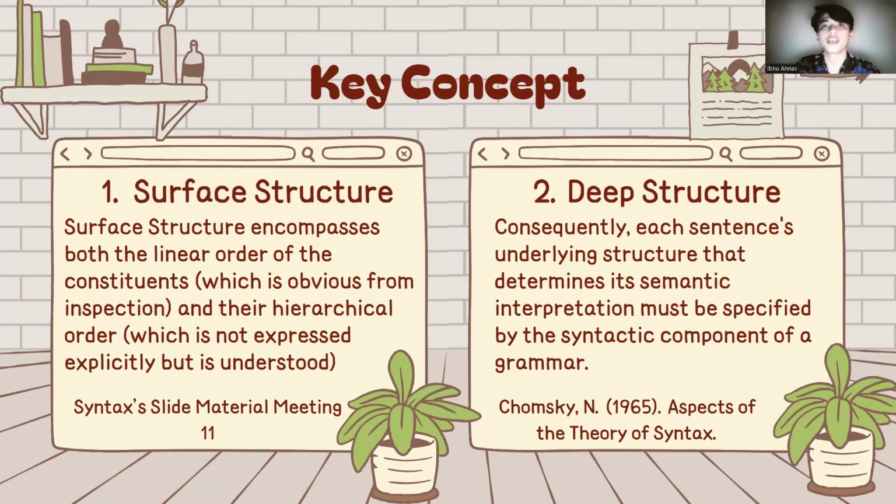Consequently, each sentence has an underlying structure that determines its semantic interpretation, but must be specified by the syntactic component of a grammar. From Noam Chomsky, 1965. The surface structure also shows the hierarchical structure, but it's about what becomes visible. In the deep structure, it gives us the actual meaning of a sentence.